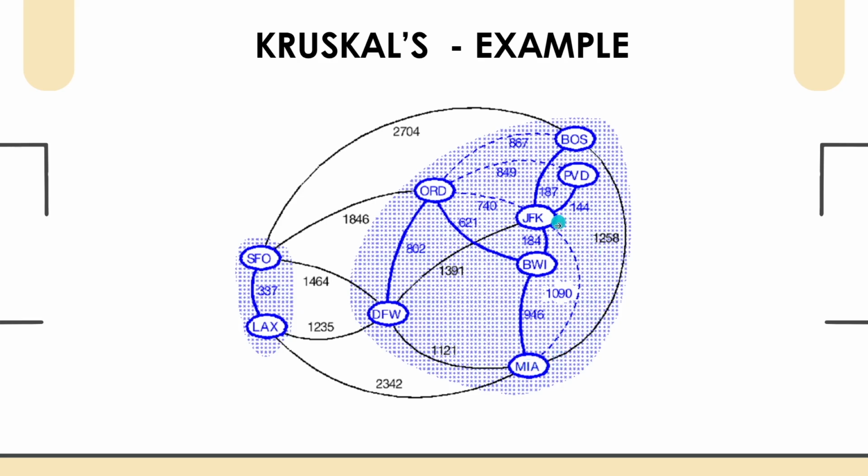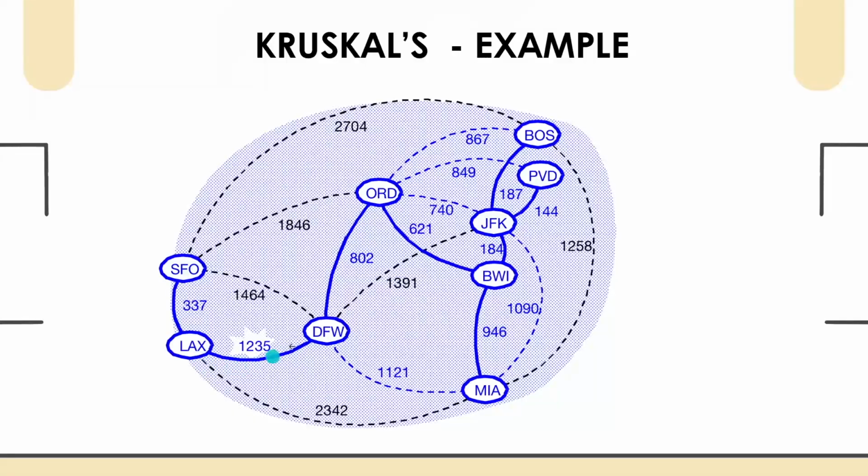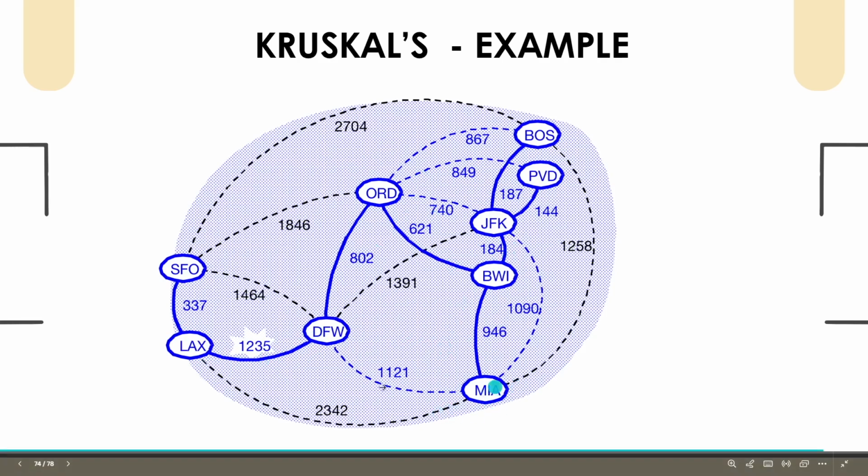But if we add this particular edge, then there is a possibility of entering into a cycle again, and so we discard this edge. And the other possibility is this particular edge, but then also there is a chance of entering into a cycle. So, this edge is discarded, and finally we pick up the edge with the least cost, which is 1235. Upon adding this, you could see that we have connected all the vertices in the graph, and now we have found a spanning tree.